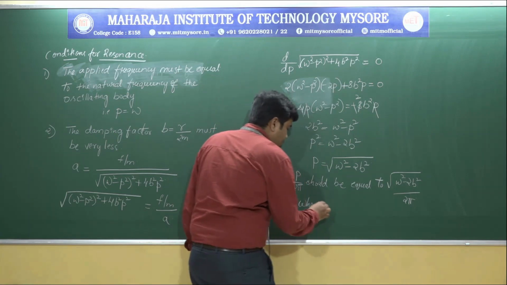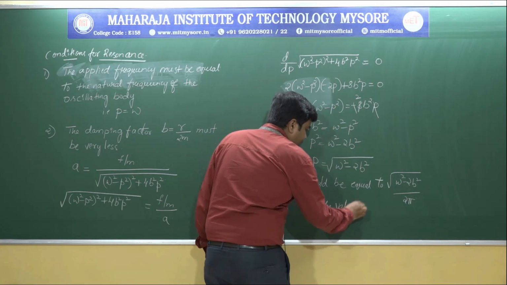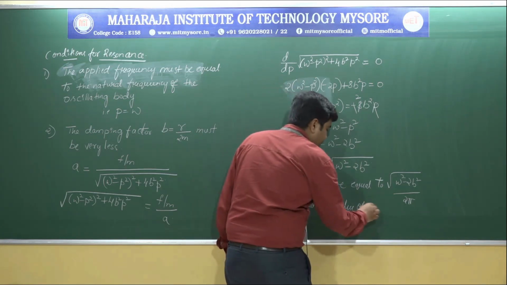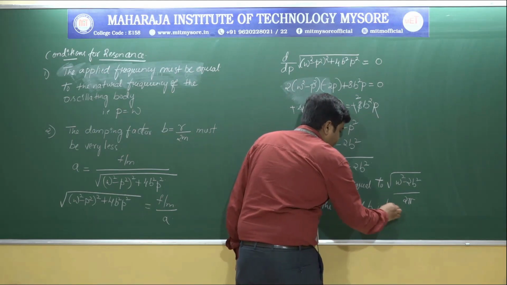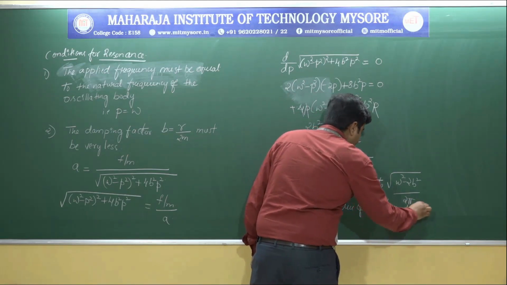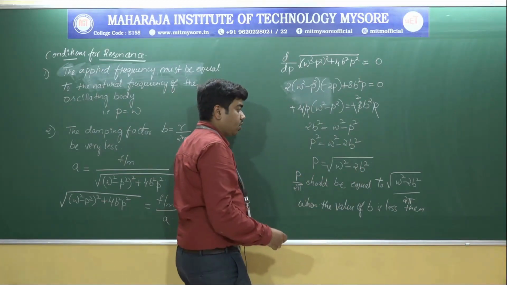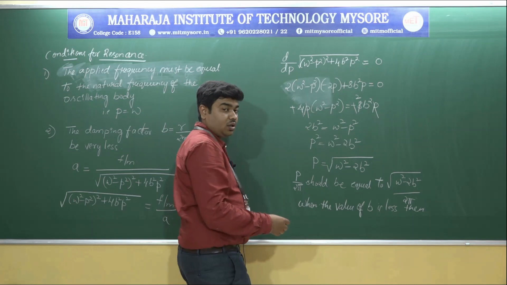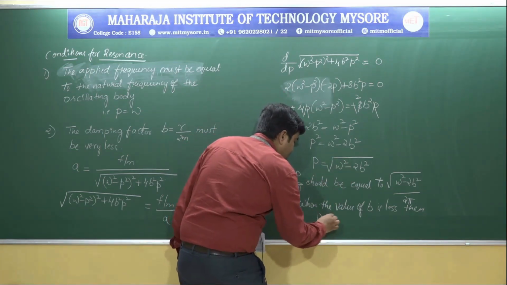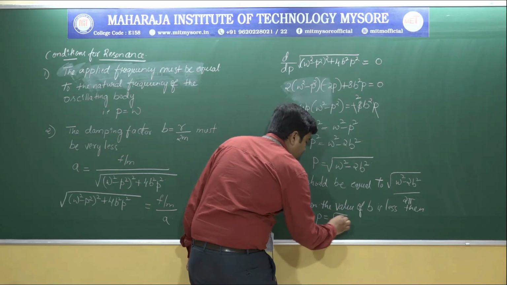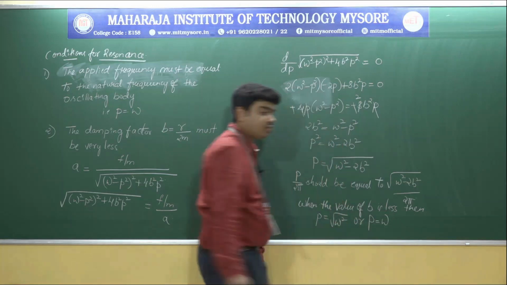When the value of b is less, if the damping factor becomes negligible, then this becomes p is equal to square root of omega square, or p is equal to omega.